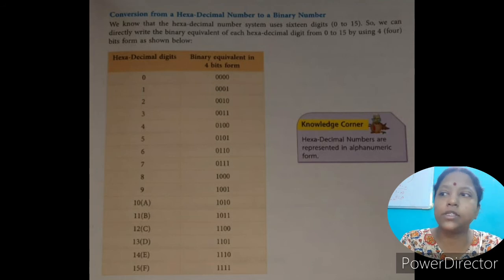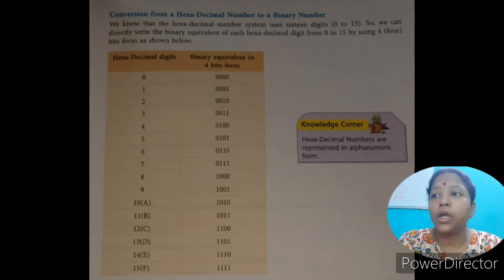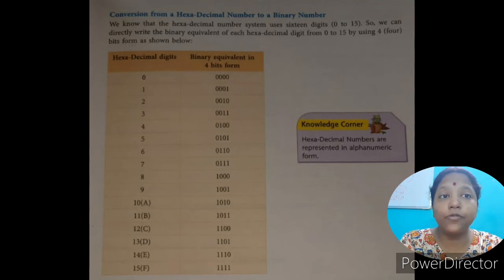We have already discussed that we can represent a hexadecimal digit in 4-bit binary code. Here is a table that contains hexadecimal digits in the left side and its 4-bit binary equivalent in the right side.